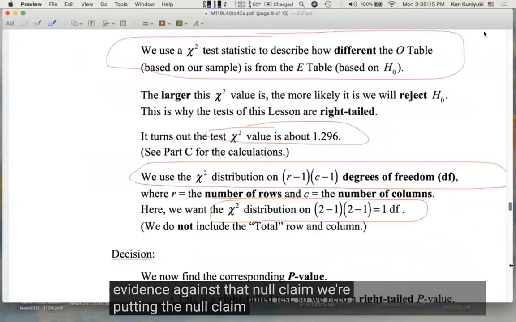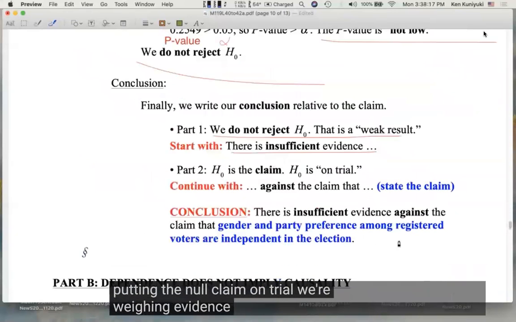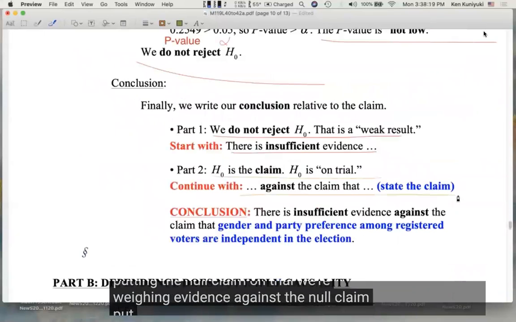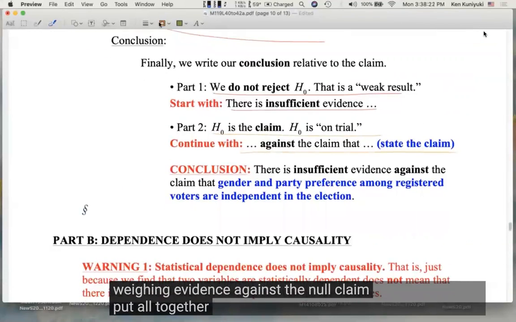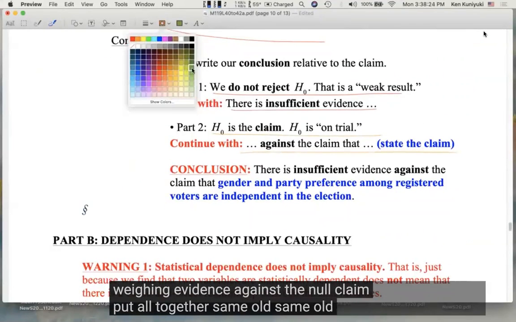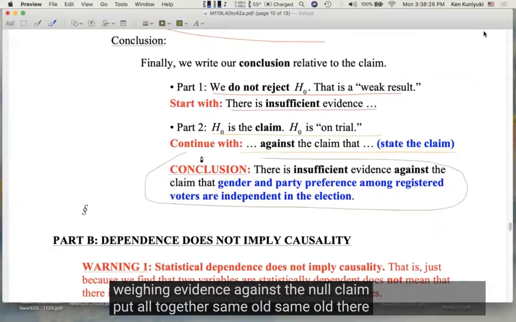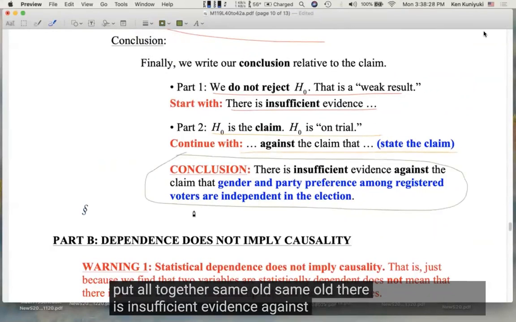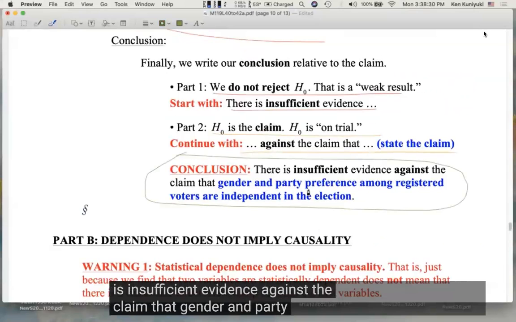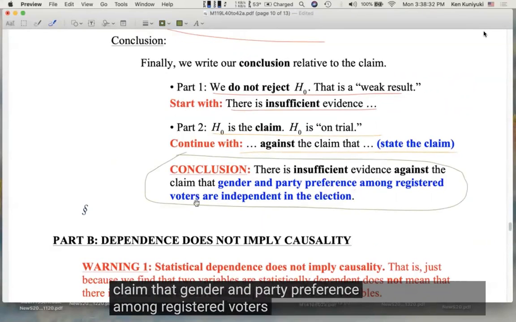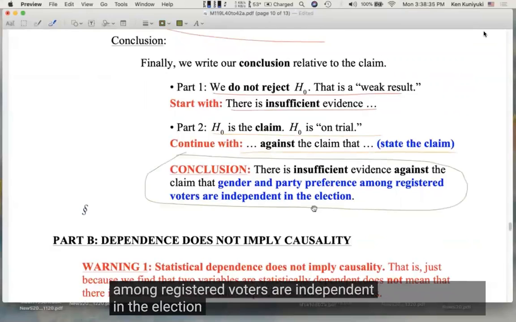We're putting the null claim on trial. Put it all together. Same old, same old. There is insufficient evidence against the claim that gender and party preference among registered voters are independent in the election.